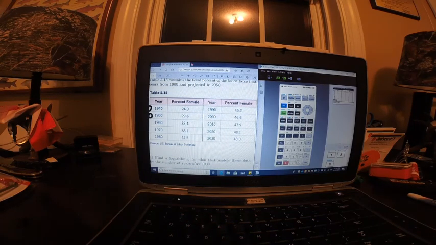The next thing we have to type in, hit enter on that last one, is our percent female column.